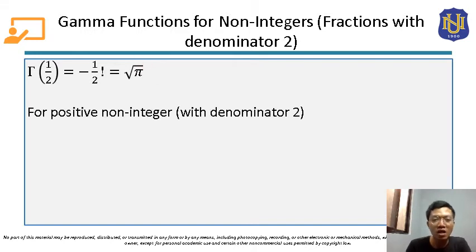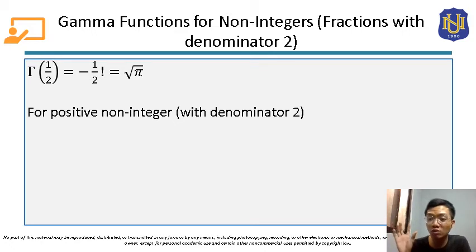So for positive non-integers with denominator 2, let's say 1/2, 3 halves, 5 halves, we will try to solve their factorials, like 1/2 factorial and 3 halves factorial.